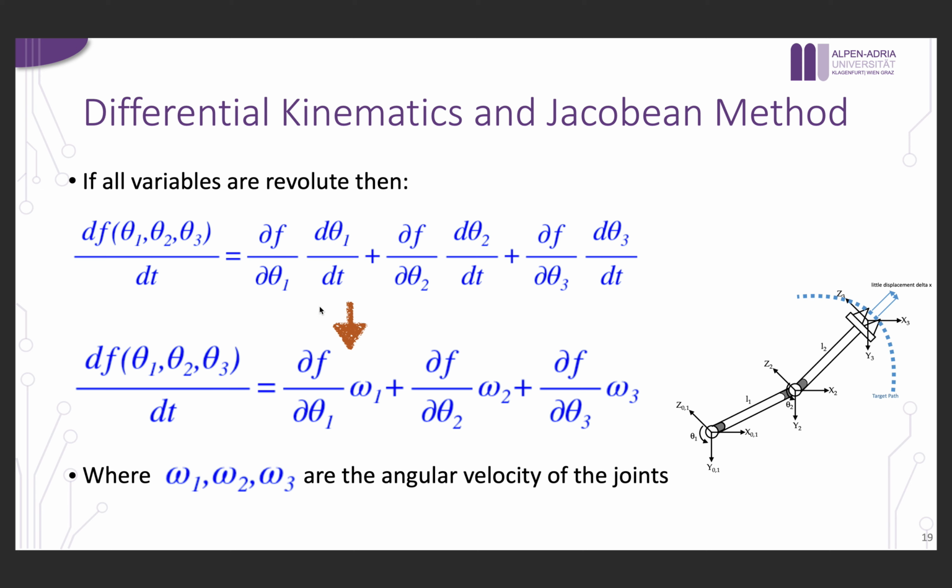That's why they are replaced here with omega 1, omega 2, and omega 3, and they are the angular velocities of the joints. Joints means actuators, and we always know the velocity of actuators. So omega 1, omega 2, and omega 3 are known. And what we have here is the change of the forward kinematic model with respect to change of theta 1, this is the change with respect to theta 2, and this is with respect to theta 3.